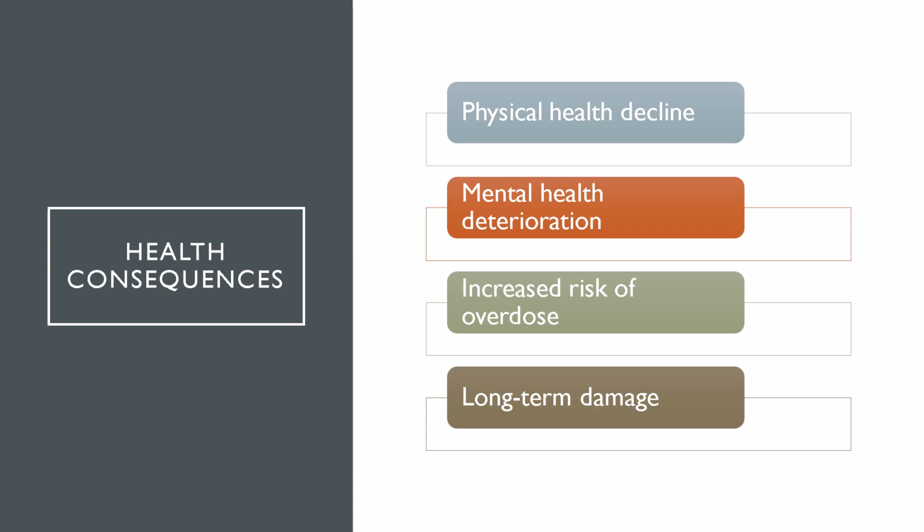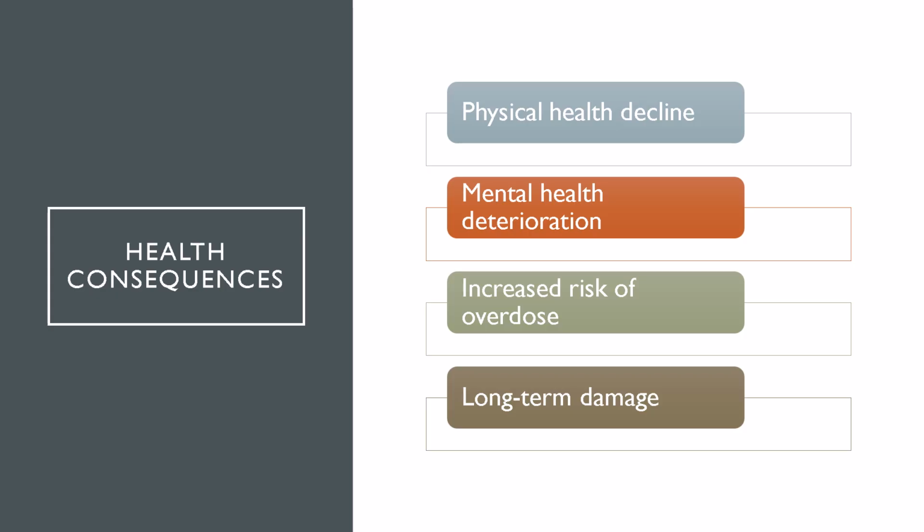So the health consequences of addiction become a little bit more pronounced as the progression continues. Physically, the body may start to show signs of decline. That includes damage to the organs, weakened immune functioning, maybe increased vulnerability to illnesses.